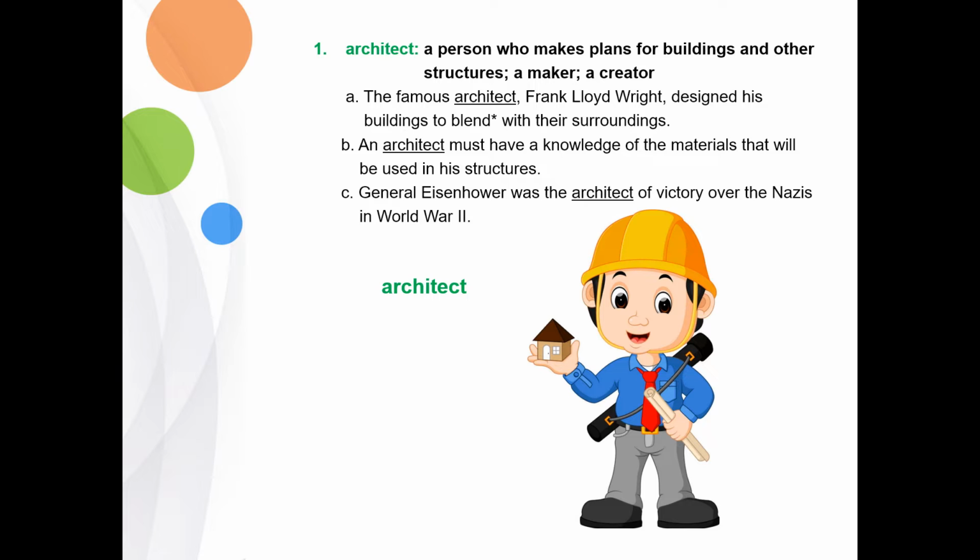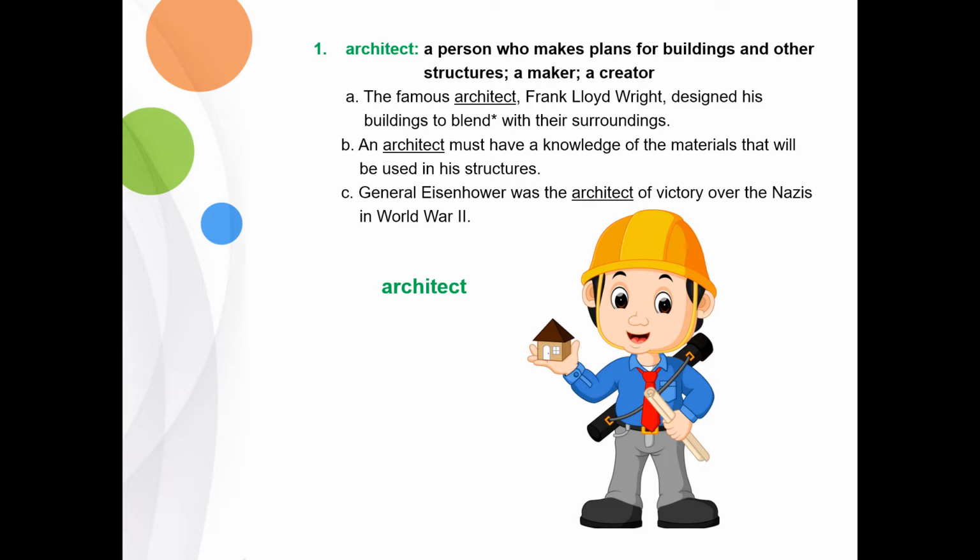Architect means a person who makes plans for buildings and other structures, or a maker, or a creator. Examples. Number 1. The famous architect Frank Lloyd Wright designed his buildings to blend with their surroundings.